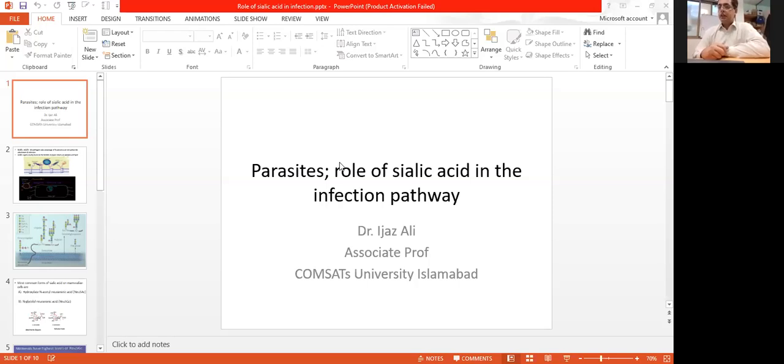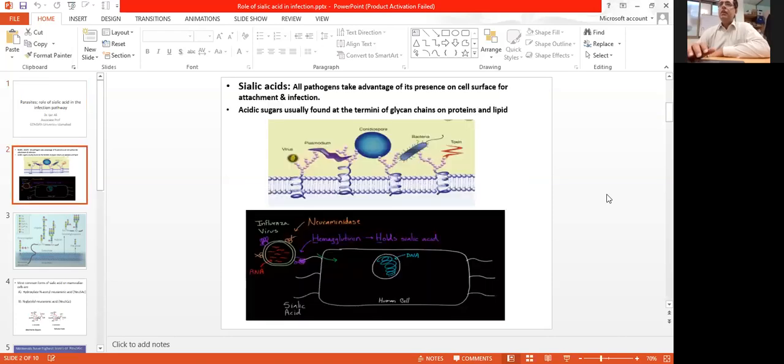Today we would talk about this particular topic, the role of sialic acid in the infection pathway, although you can generalize it by including different types of pathogens. Particularly, we are discussing Plasmodium here as a model for our discussion. What are the sialic acids?